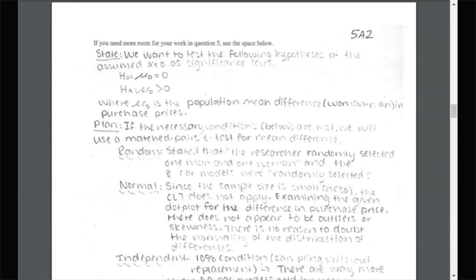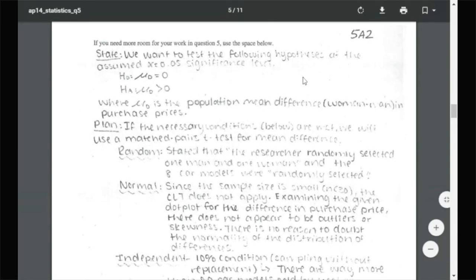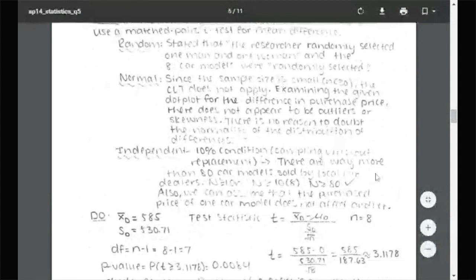You'll notice this person does a lot on their page, but they've got the hypotheses and they name the differences. Okay, they go through the conditions, random, normal. They do talk about independence, where they do the 10% condition, like 10 times 8 is 80 cars. It's reasonable to assume that they sell more than 80 cars. But the good news is that you did not need to show that independence one.